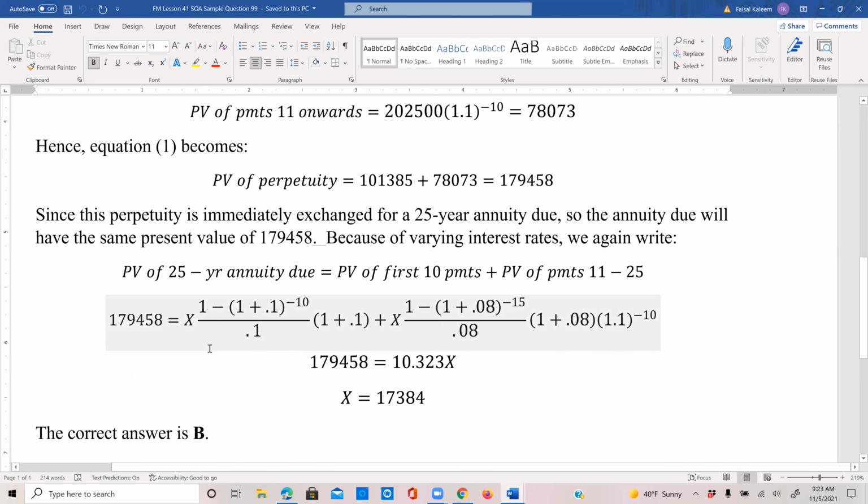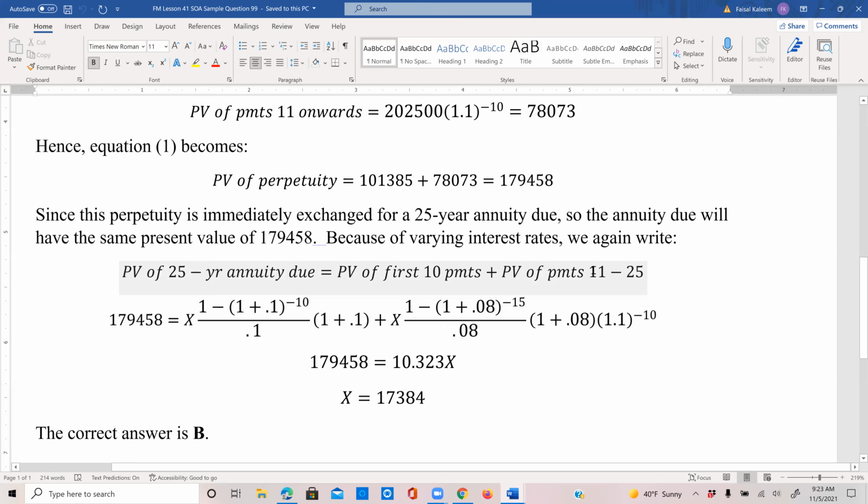The total present value, 179,458, equals the present value of the first 10 payments, X times 1 minus (1 plus 0.1) to the power negative 10, over 0.1 times (1 plus i), because it's 10% for the first 10 payments. The remaining one is also an annuity due formula. Now we have 15 payments, payments 11 through 25, and for them the interest rate is 0.08.